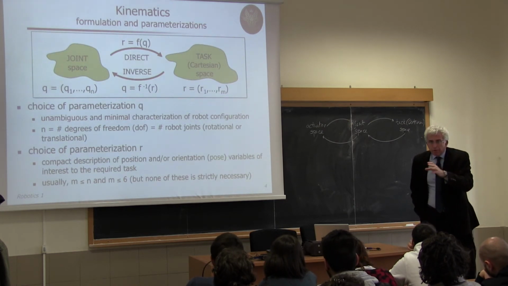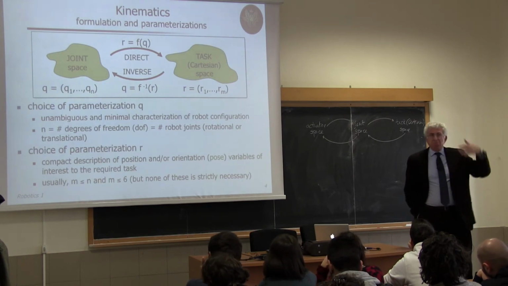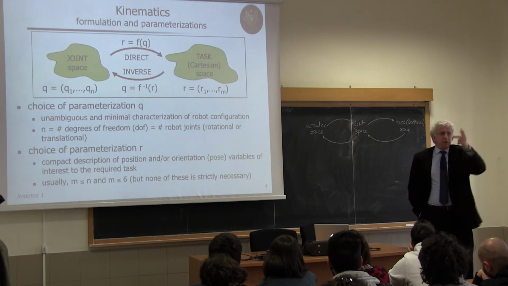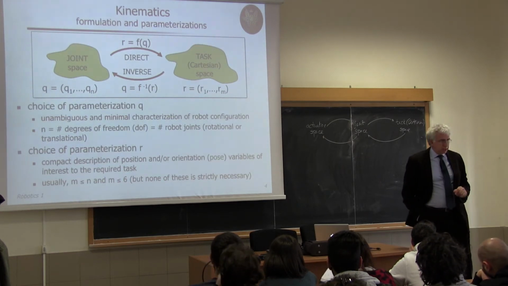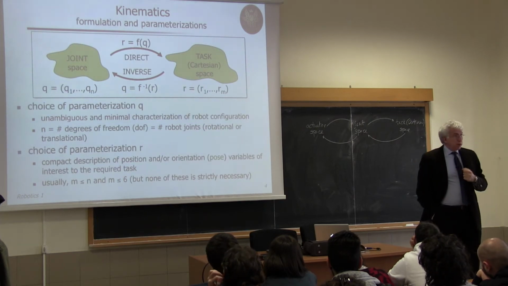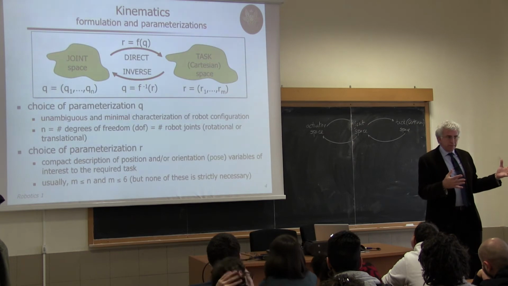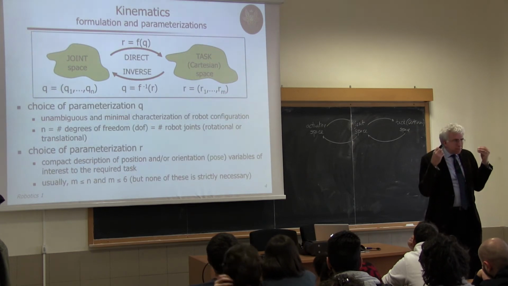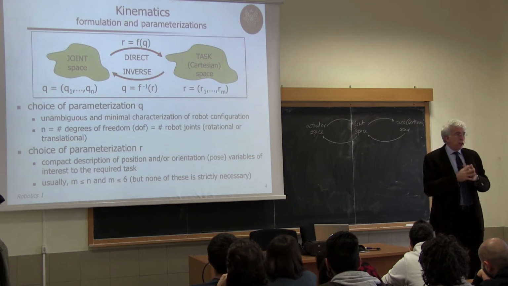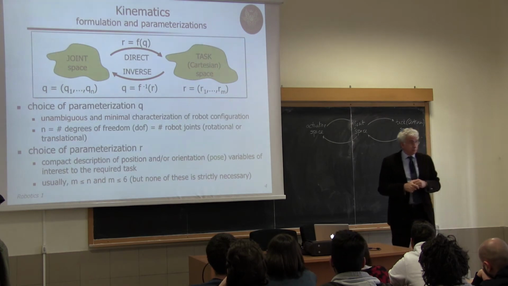And R4, 5, 6 are 3 Euler angles, for instance, in any convention, z, y, z, which characterize the orientation of the frame attached to the end effector. So we'll have m equals 6 with 6 numbers and not matrices to carry over. This is the main reason for introducing minimal parameterization of orientation. Otherwise, it's very convenient to work with rotation matrices. Okay?